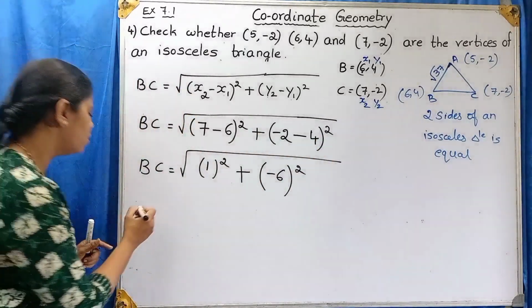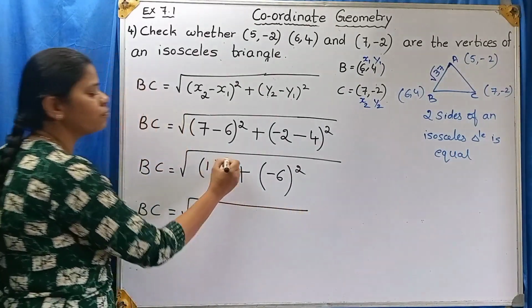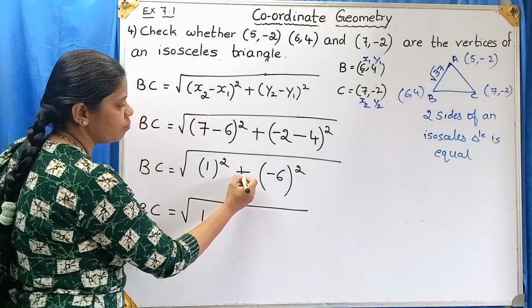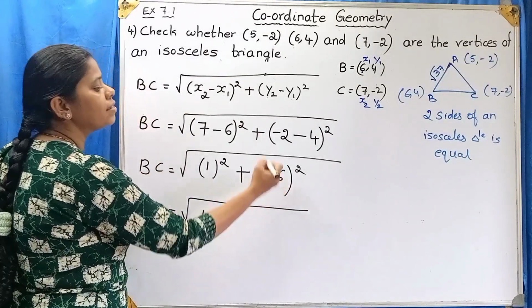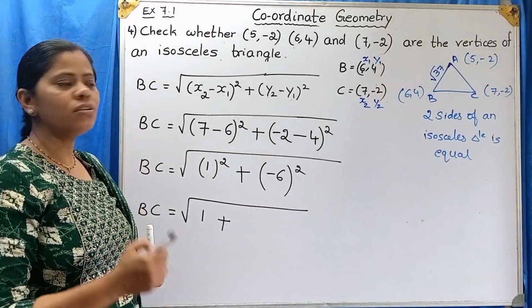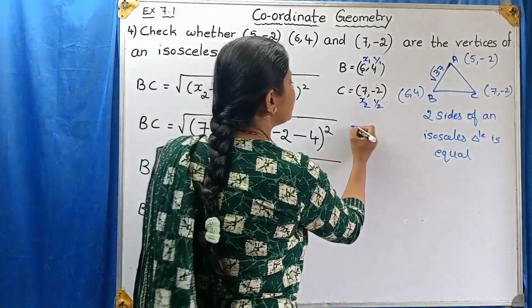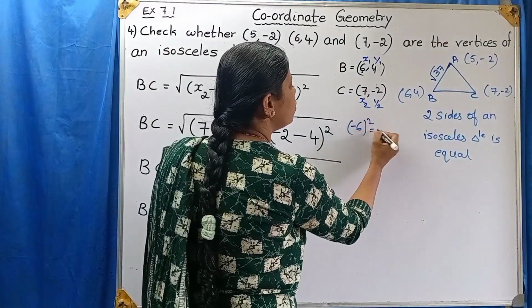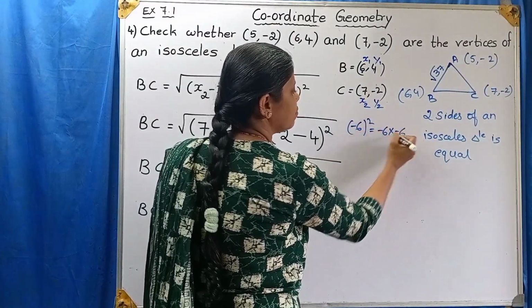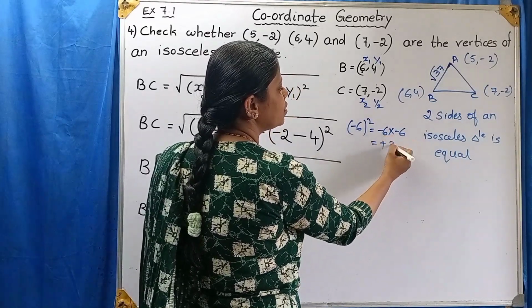Now BC is equal to the square root of 1 square is 1, plus minus 6 the whole square. Minus 6 the whole square means minus 6 is present two times. Minus into minus is plus, 6 into 6 is 36.